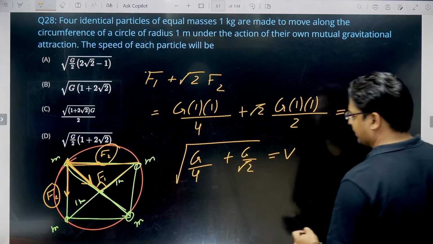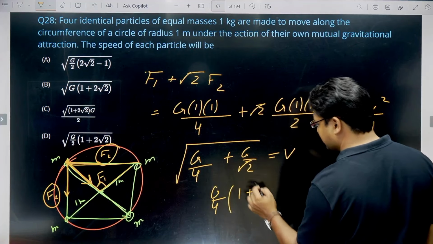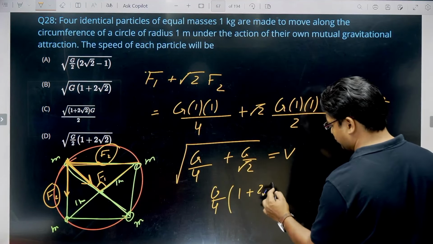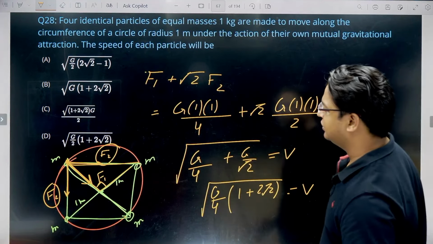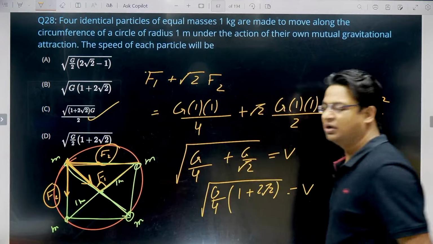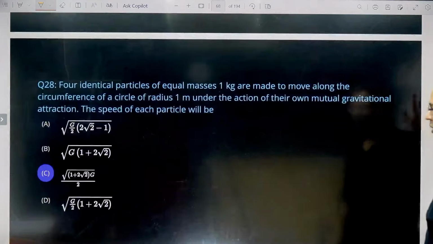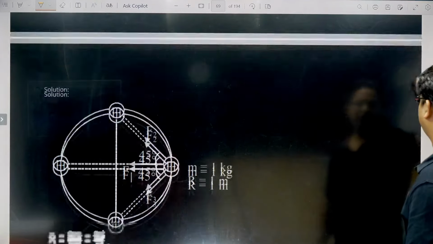If I take G by 4 as the common quantity, it has 1 plus, and taking 4 as the common quantity, it will be 4 upon root 2, so that will become 2 root 2. So root of this. This option matches with what we are getting. So option C should be the right answer to this question. That is the answer to question number 3.